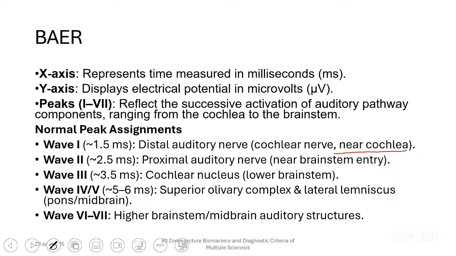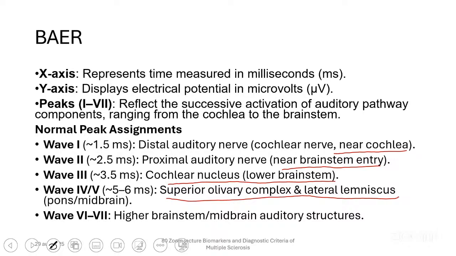Proximal auditory nerve, that is near brainstem entry, this wave 2 forms. Wave 3, 3.5 milliseconds, this is a cochlear nucleus, lower brainstem. And fourth and fifth, 5 to 6 milliseconds, superior olivary complex and lateral lemniscus, pons and midbrain. And sixth and seventh, higher brainstem, midbrain auditory structures. So actually, we always talk of 1 to 3 and 3 to 5 latencies.